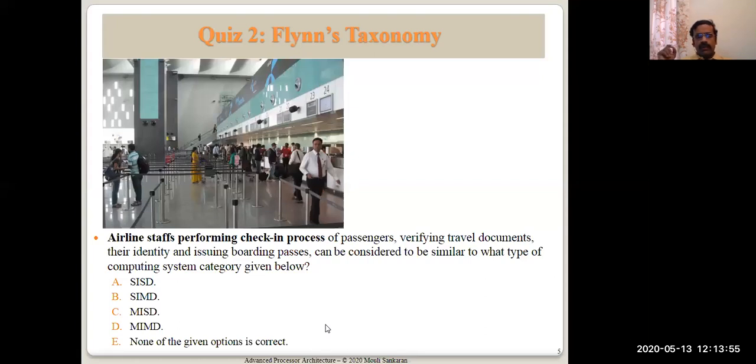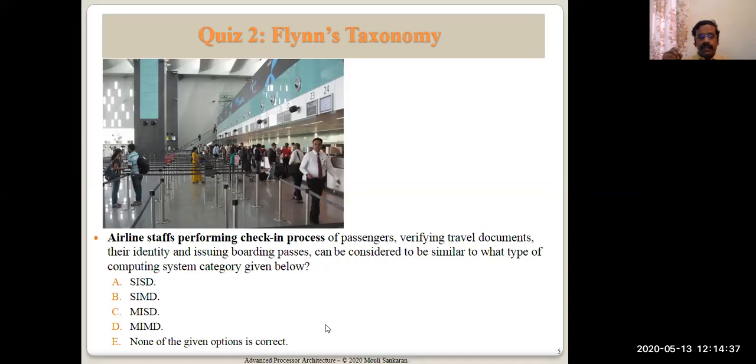Do airline staff do different things for different passengers? They have a set of things to be done: they ask you for identity, you share the passport, then they ask you to give the ticket, then they issue a boarding pass, and all of them do it in parallel, and they all do the same thing which they have been instructed to do.